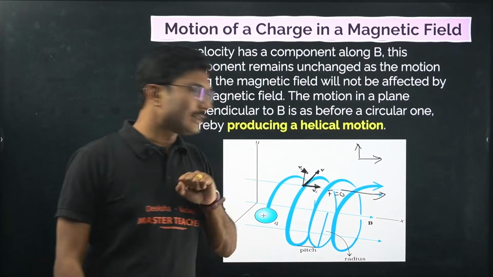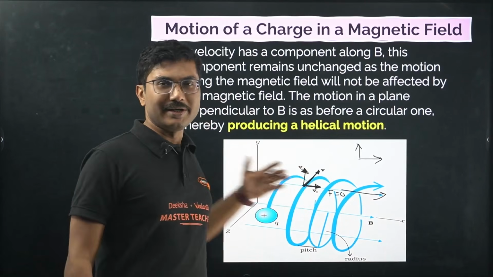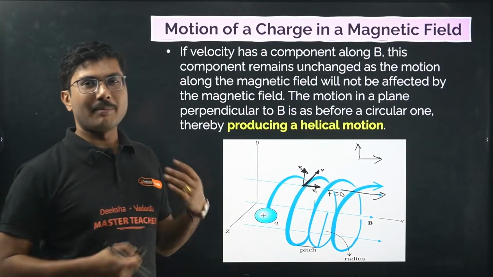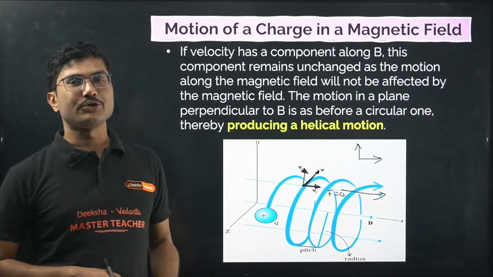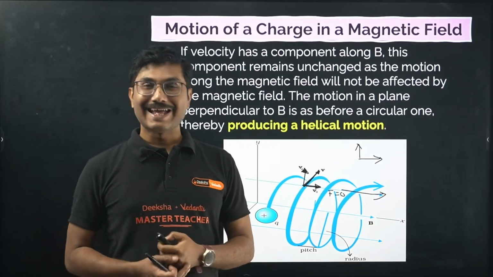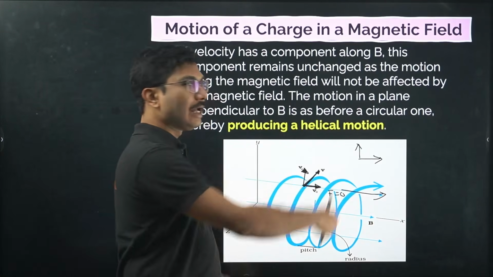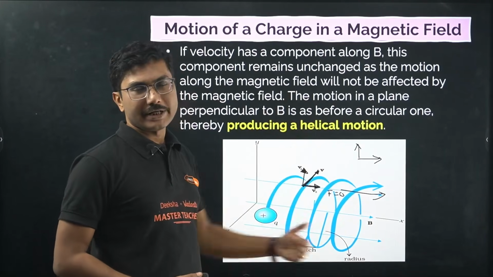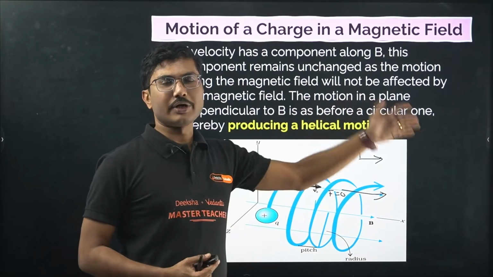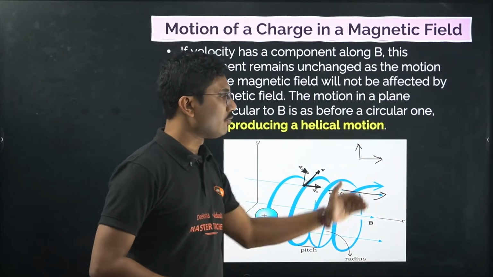But when you combine these two, very interestingly, circular motion is also happening, linear motion is also happening, and combining circular and linear motion, the name of the motion is helical motion, and the shape is called helix. So the charge is not only rotating in a circular motion, it is also moving in a straight line forward path. So it rotates like this, it will move like this.